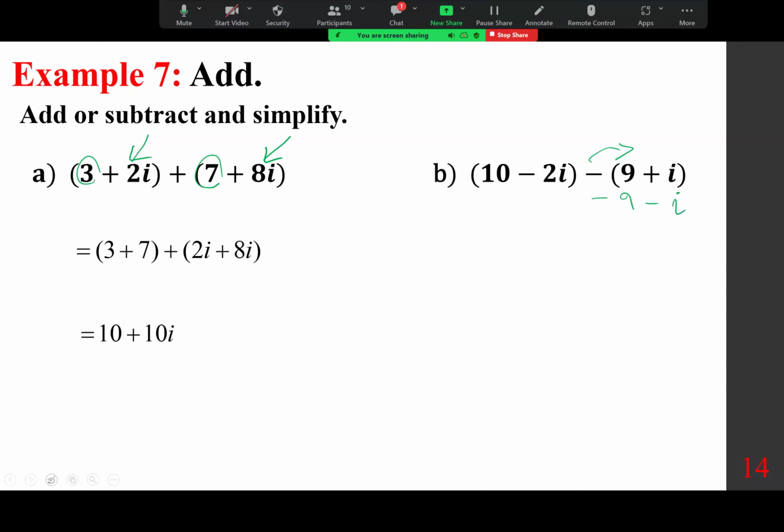Therefore, we can put the 10 and negative 9 together. We get 10 minus 9. We can also put negative 2i and negative i together, combining like terms. So this is 1. This is negative 3i. This is, again, one way to do that.